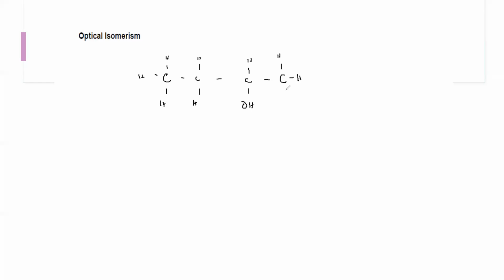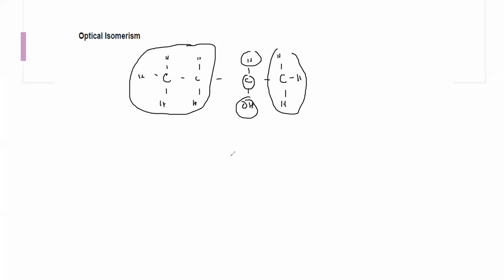How do you identify the chiral carbon? When you check the first carbon, this cannot be chiral because 3 hydrogens are there. The condition is that a chiral carbon should have different functional groups attached to it. When you check the second carbon, 2 hydrogens are there. When you check this carbon, you have OH, you have CH3, you have H, and you have C2H5. So this shows that this carbon is a chiral carbon.